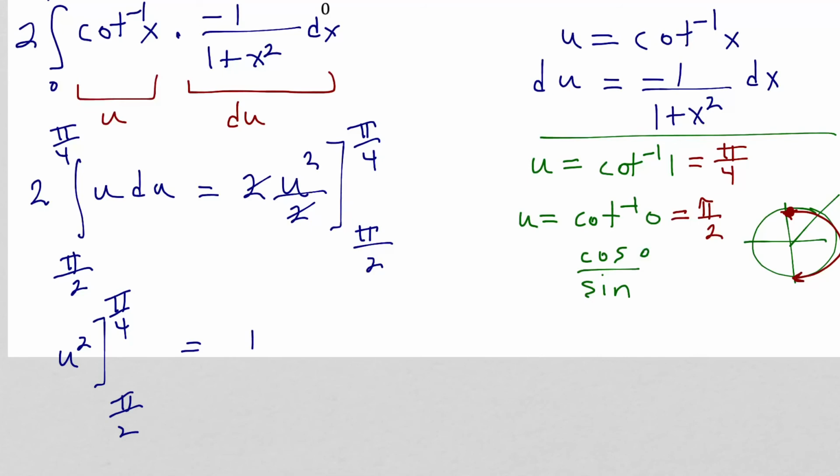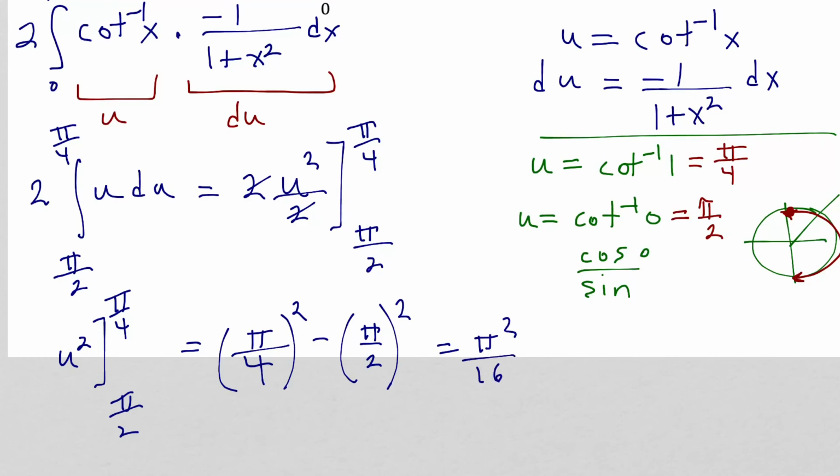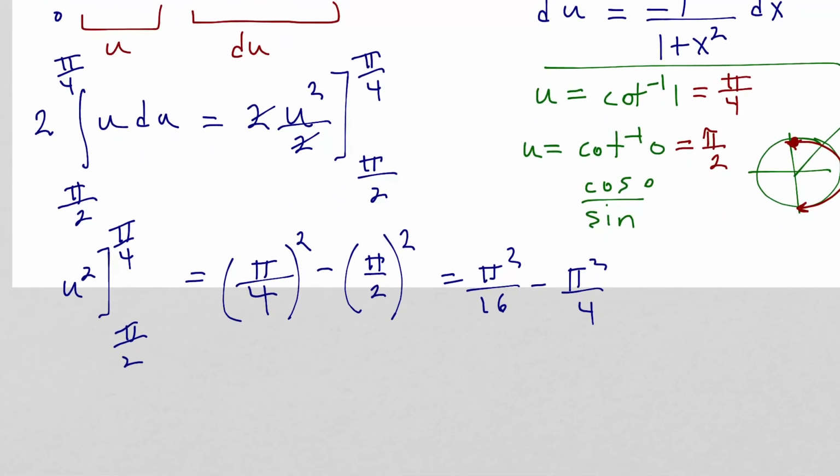So that's pi over 4 squared minus pi over 2 squared. So that's pi squared over 16 minus pi squared over 4. So that's equal to negative 3 pi squared over 16.